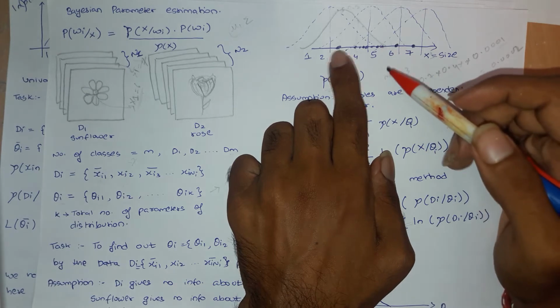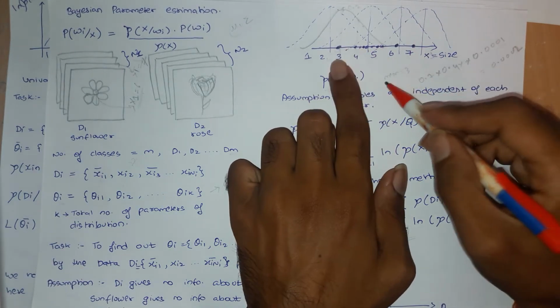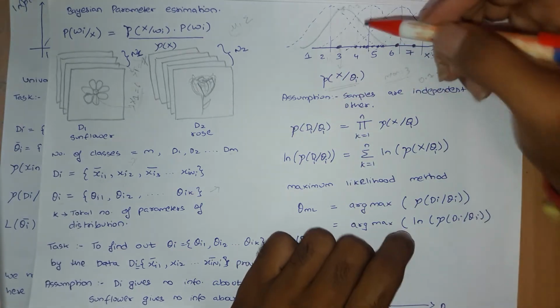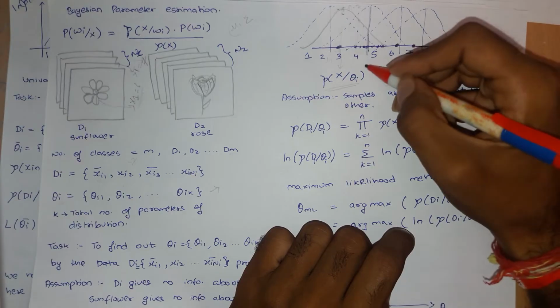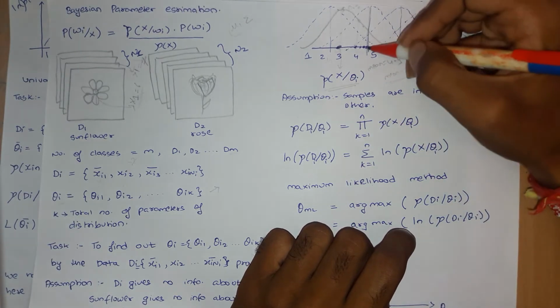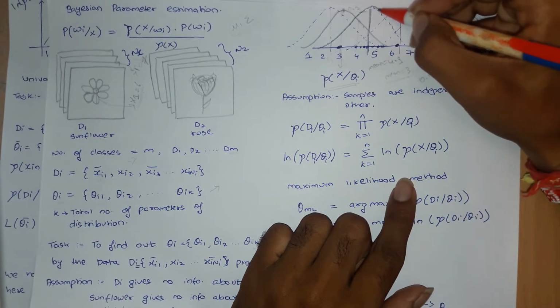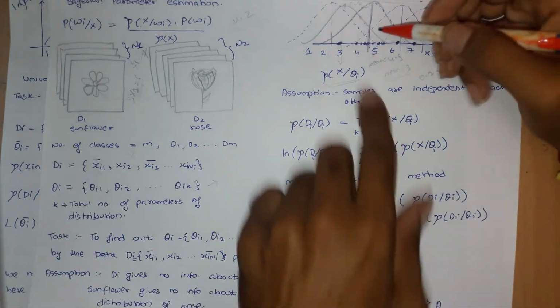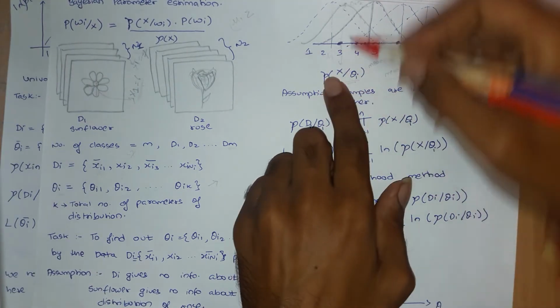Next we'll do this for every particular value of mean. Say let me take a mean of 4.9, and I get this Gaussian for this particular mean. Again I calculate the probability of every sample.